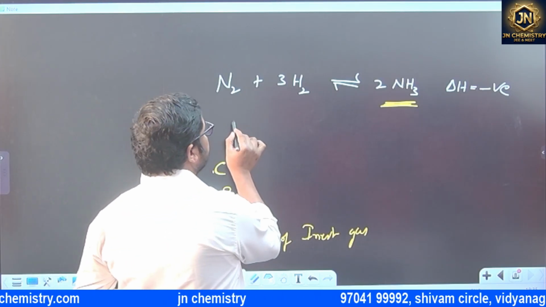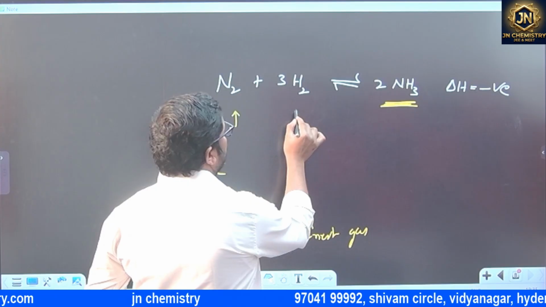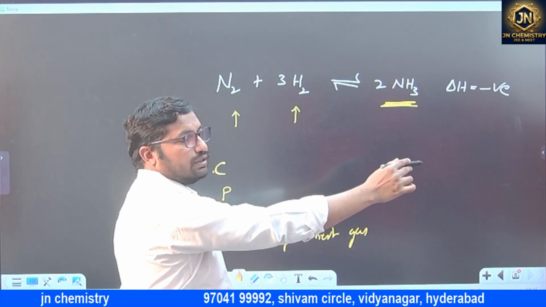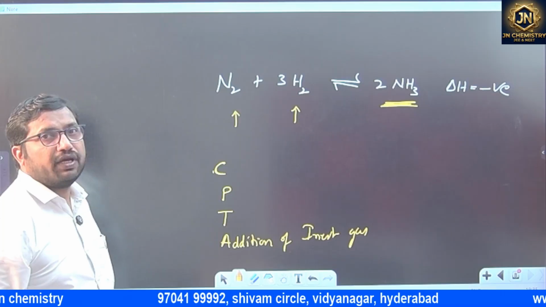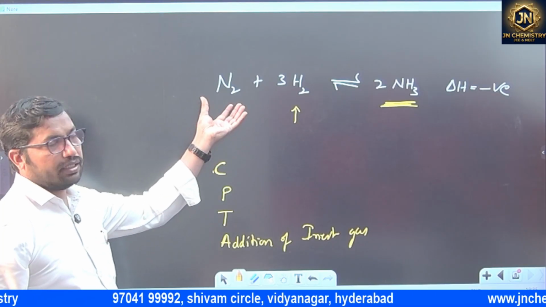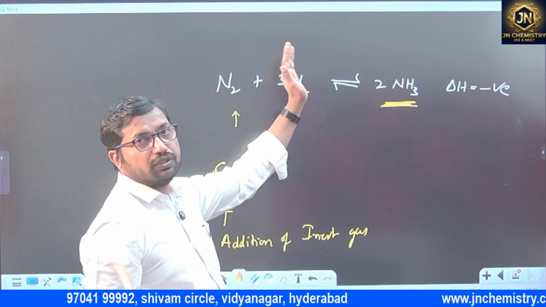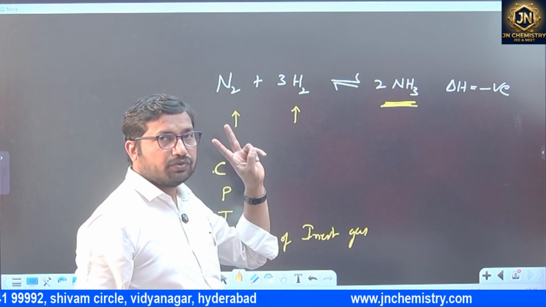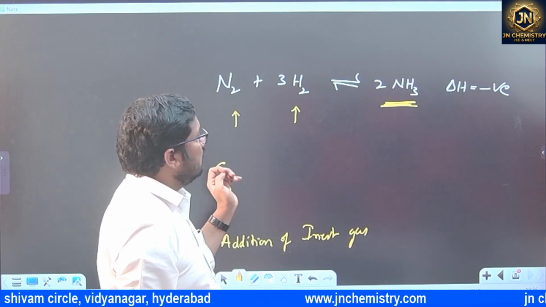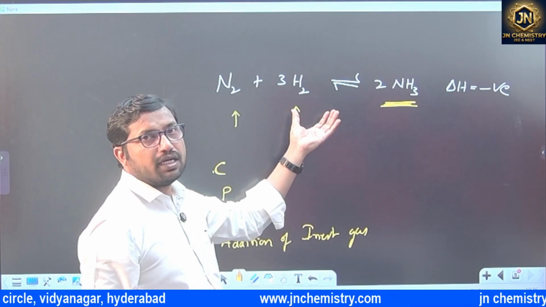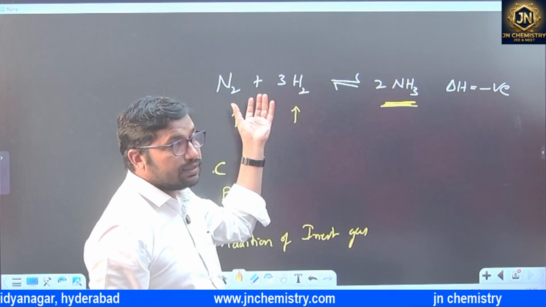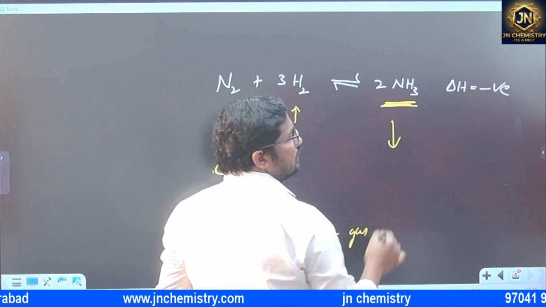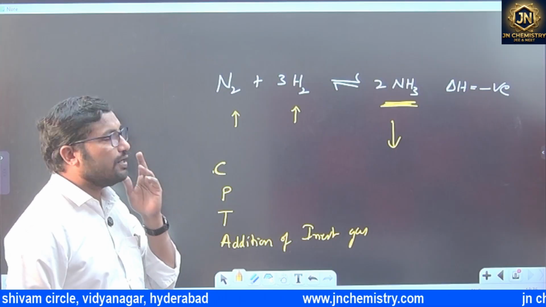If we increase the concentration of reactants, the reaction moves in the forward direction. This is case 1. Case 2: no need to increase the reactants concentration, we need to decrease the product concentration. This is about the concentration.